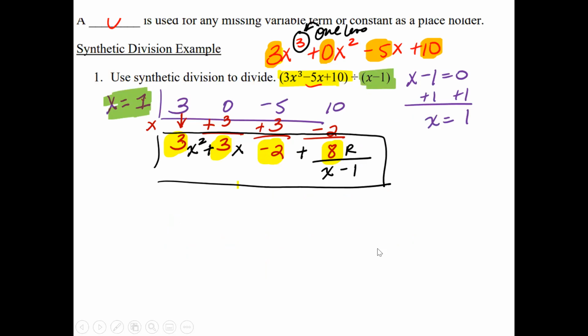Okay, so let's draw the bar. So here's my bar. Remember, your 3x cubed plus 0x squared minus 5x plus 10 goes on the inside. On the outside is x minus 1.